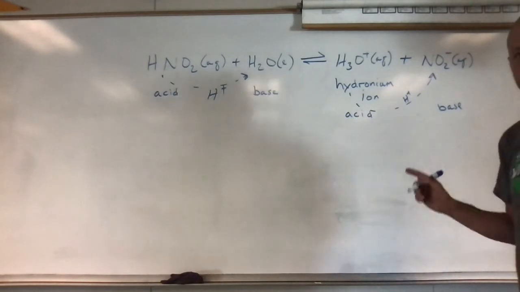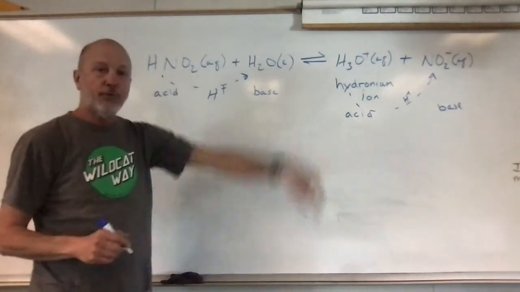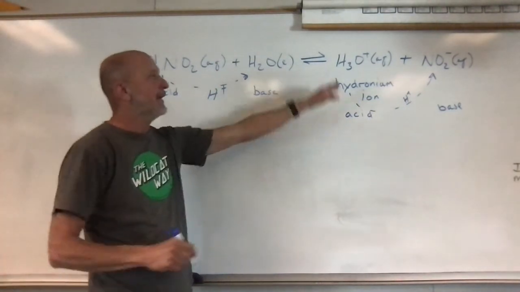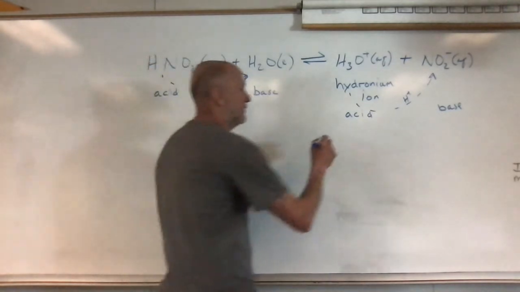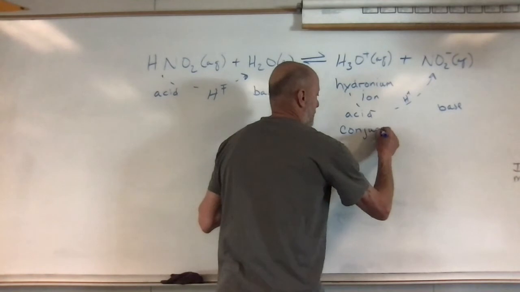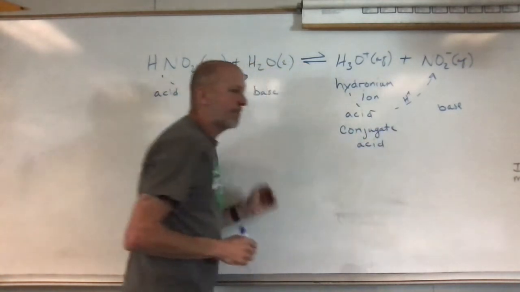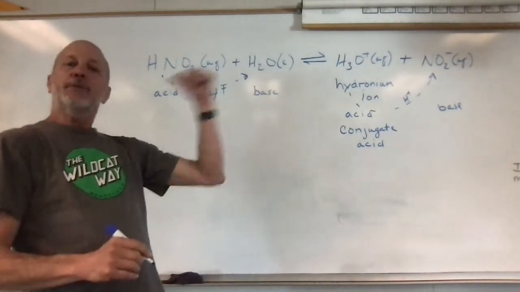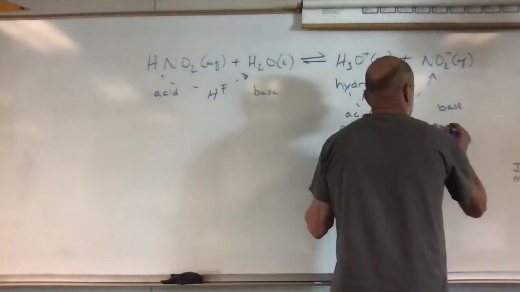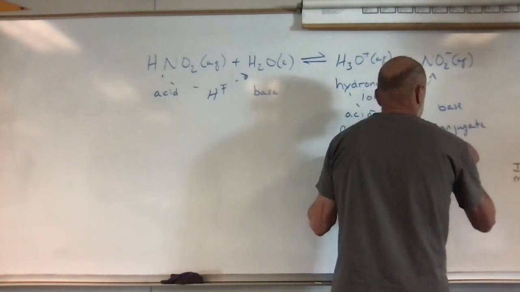But we want to use a term when we're talking about whether it is acting as an acid in the forward direction or in the reverse. So if it's acting as an acid in the reverse direction, we call it the conjugate acid. If it's acting as a base in the reverse direction, we call it the conjugate base.